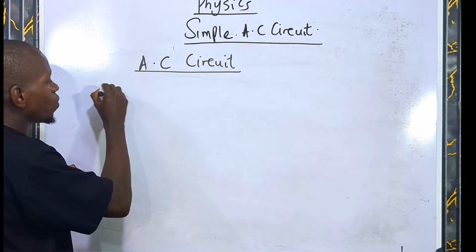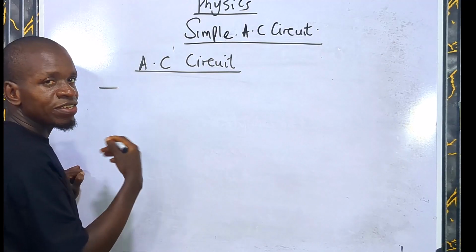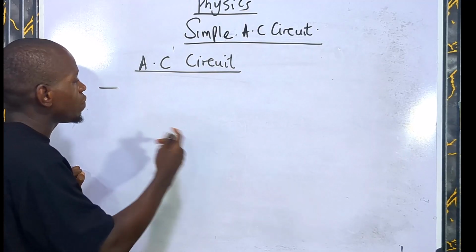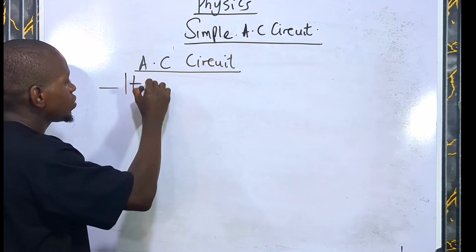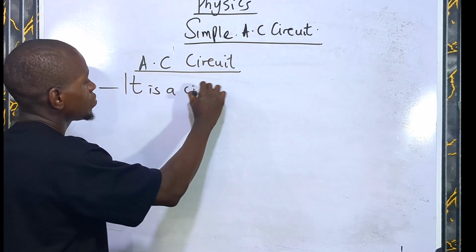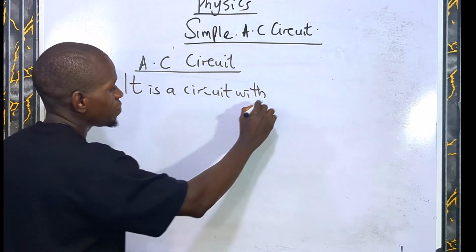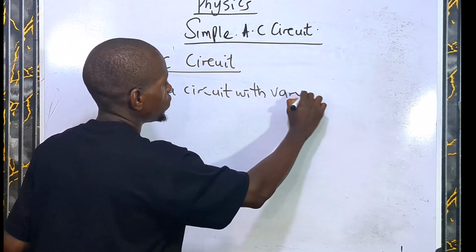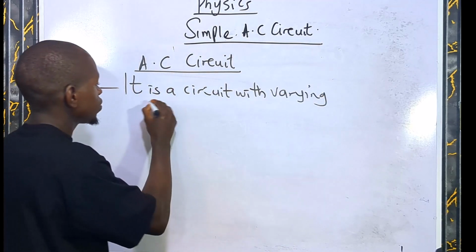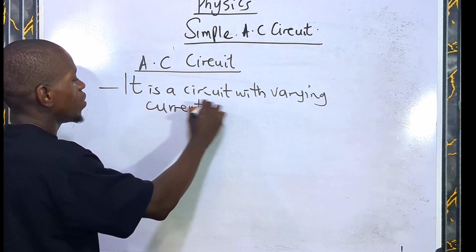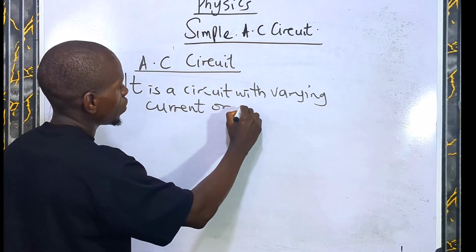Number one, an alternating current circuit is a circuit with varying alternating current or voltage.